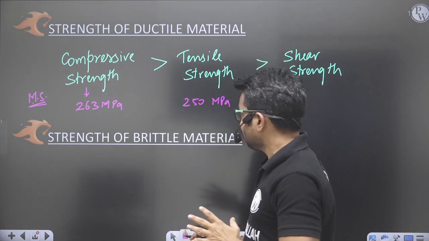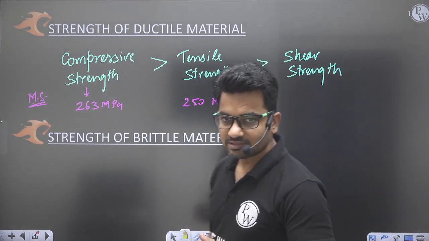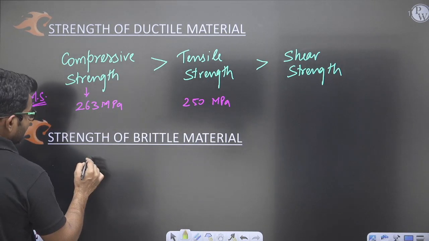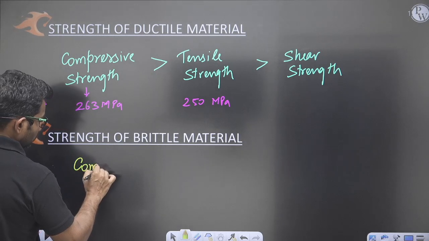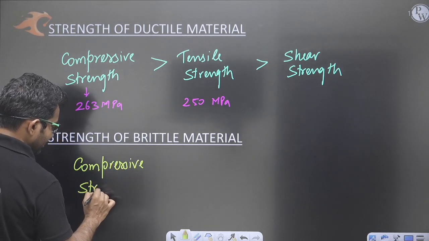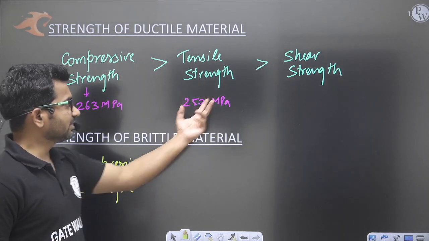Now let us see the order of strength of brittle materials. Brittle materials are also strongest in compression. So compressive strength of brittle materials is also highest. But these two will interchange.